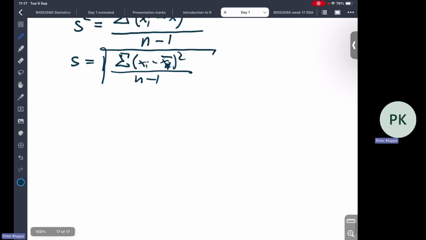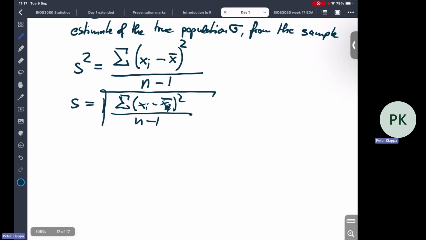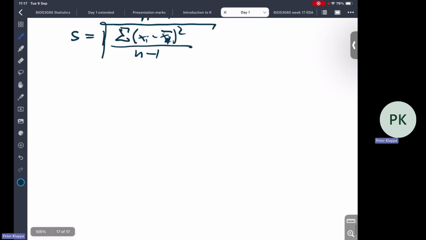Now, we do n minus 1 because we want to make it a little bit bigger. If you want, we can do 1, 2, 3, 4, 5. The mean was 3. X bar is also 3, it's the same as the mean when we treat that as a sample.